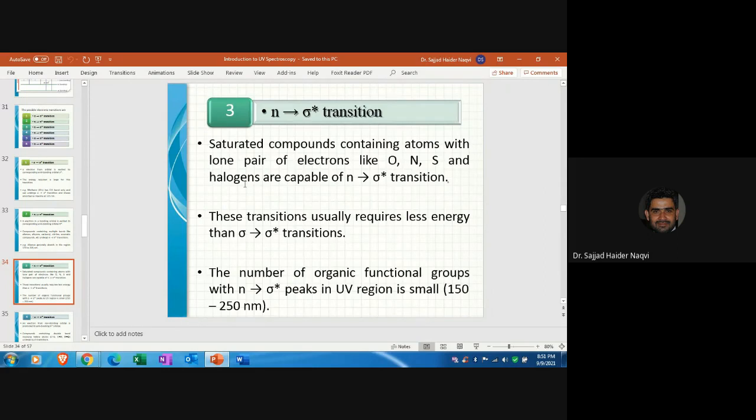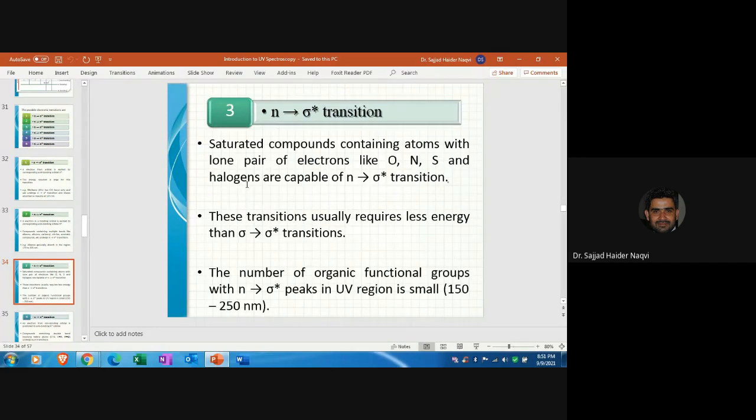For example, a molecule that is saturated but contains oxygen, nitrogen, sulfur, and halogens. We know that oxygen, nitrogen, sulfur, and halogens have lone pairs. So the molecules which are saturated, but have elements with lone pairs of electrons, will undergo that transition from n to sigma star.